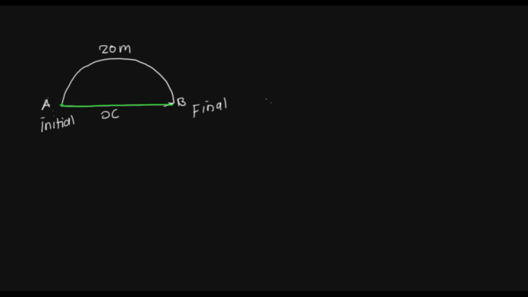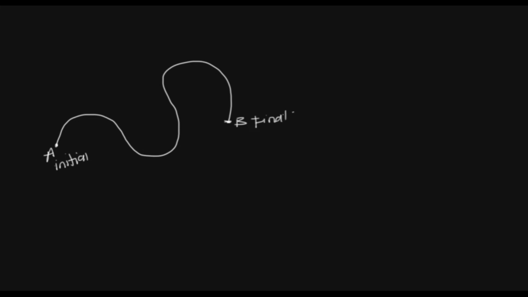Maybe let's have another illustration. If a person starts from this point, moves, and then ends at point B, we can see our initial is point A and our final is point B. Let's say the distance covered along this line is 50 meters.